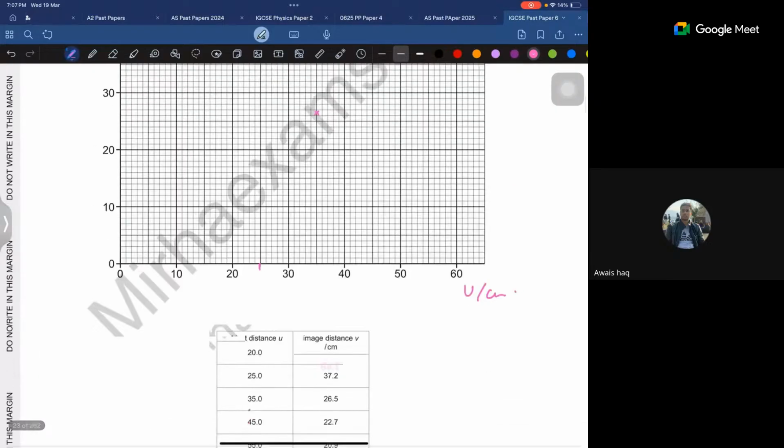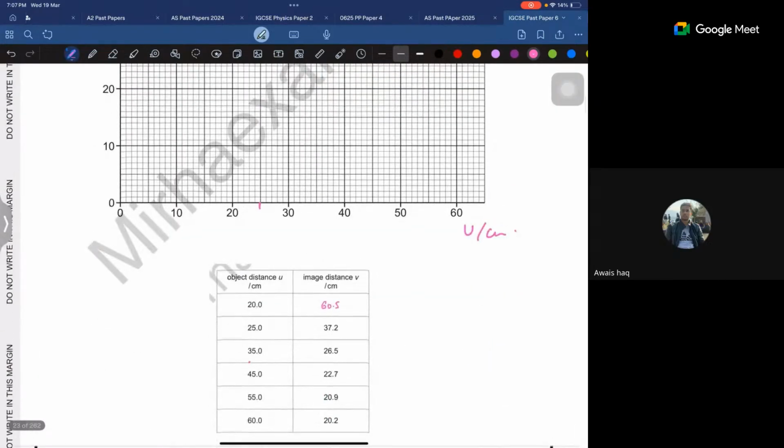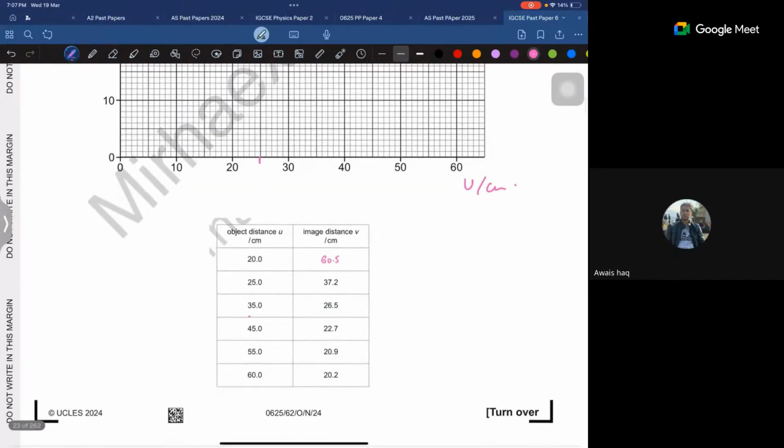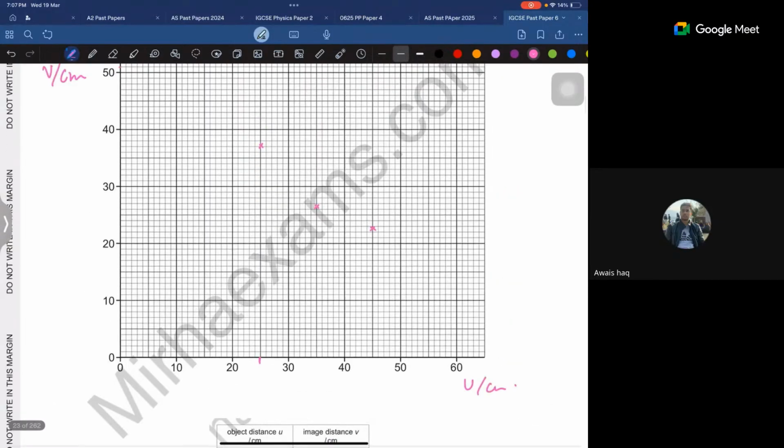Then 45 and 22.7. So it will be somewhere in the middle, almost in the middle. Then 55 and 20.9, almost 21.